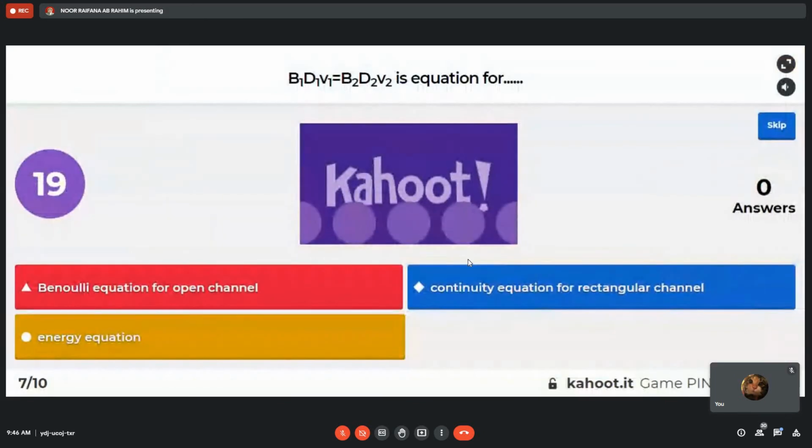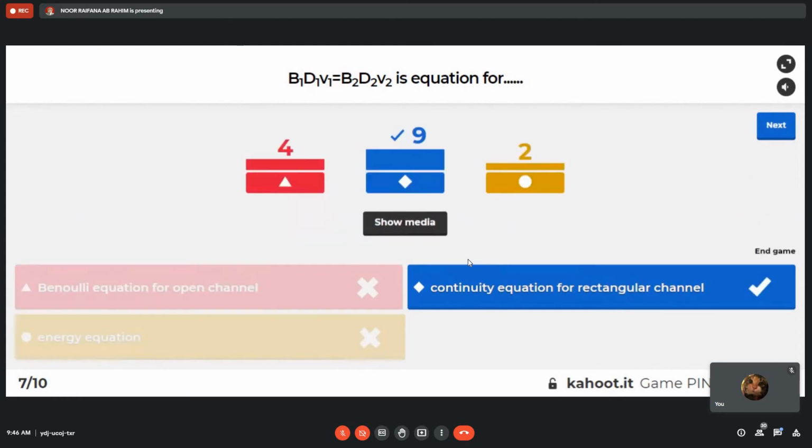Okay, ni sangat senang. Ada juga yang salah.